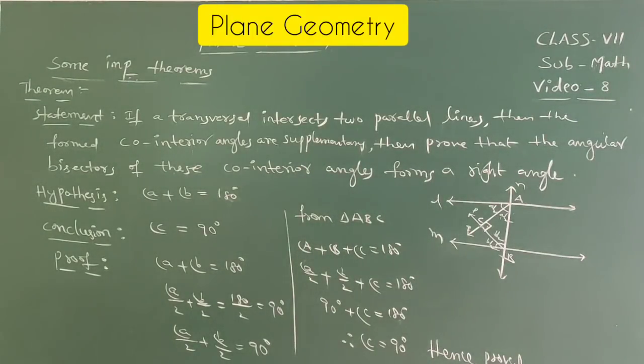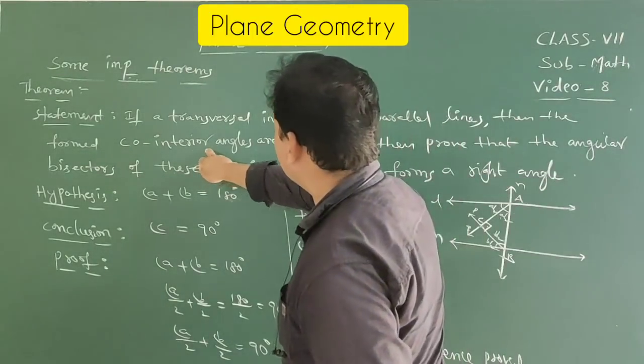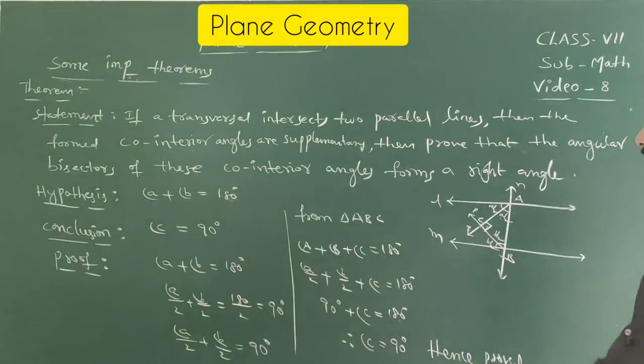Observe this one, keep concentrating. If a transversal intersects two parallel lines, then the co-interior angles are supplementary, we know.